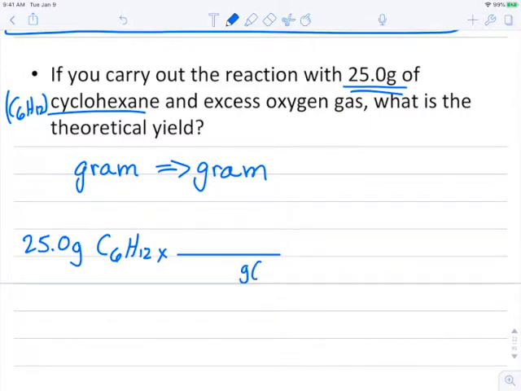So grams of cyclohexane for every 1 mole of cyclohexane like so. And how many grams did you get for your molar mass? 84. All right, so 84 point, what was it? I got 84.096. Did everybody get something similar? Yes, no, maybe?